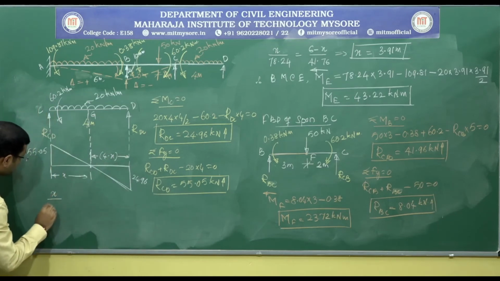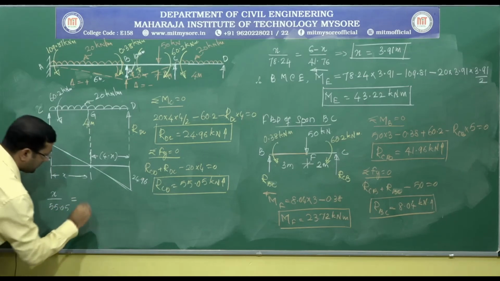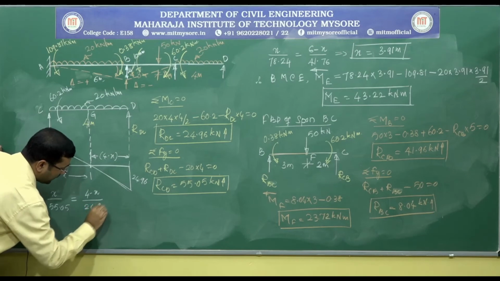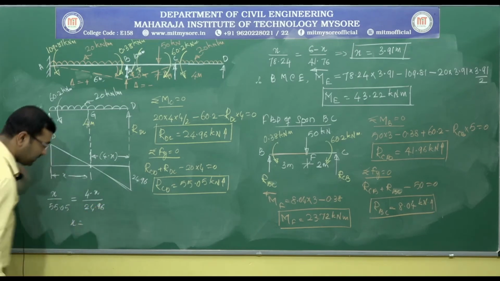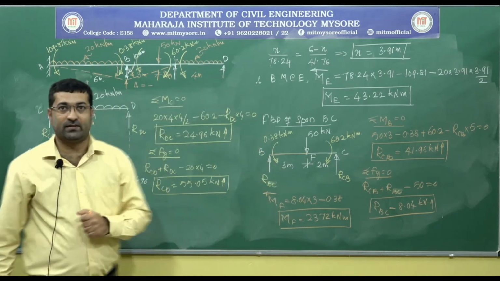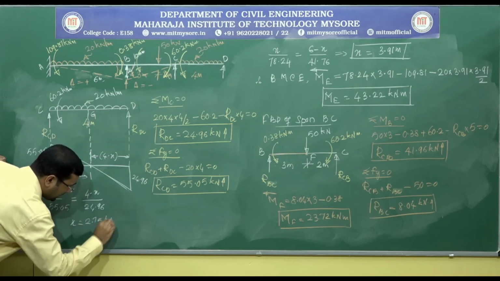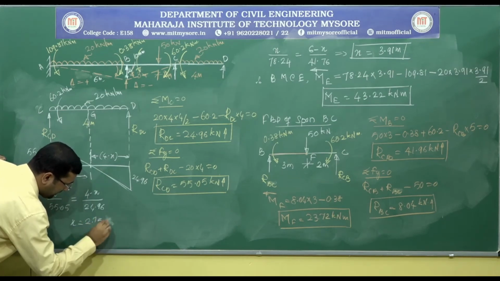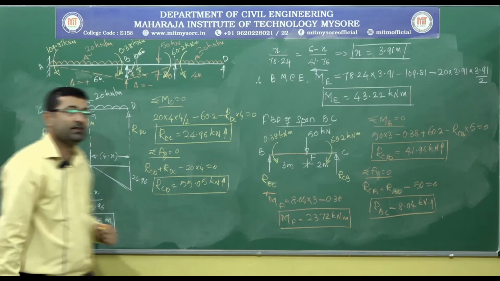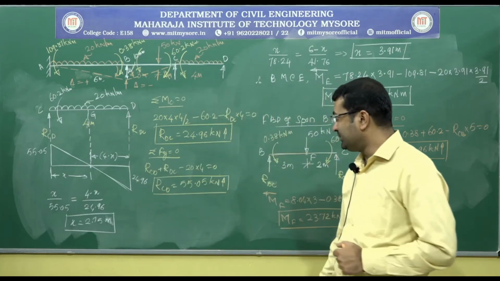Now here I can write x by 55.05 equals 4 minus x by 24.96. From this we will determine the value of x as 2.75 meters. So at a distance of 2.75 meter from C, the shear force is 0.